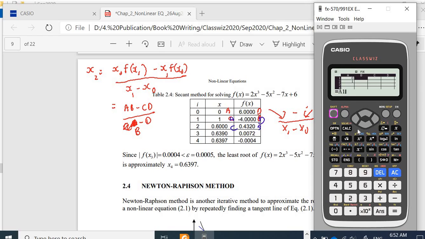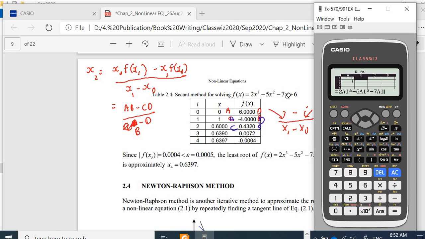Then cube, so shift and the square button. So I got 2 A1 cubed, minus 5 alpha A1 squared, because the x is stored in A1, minus 7 alpha A1.